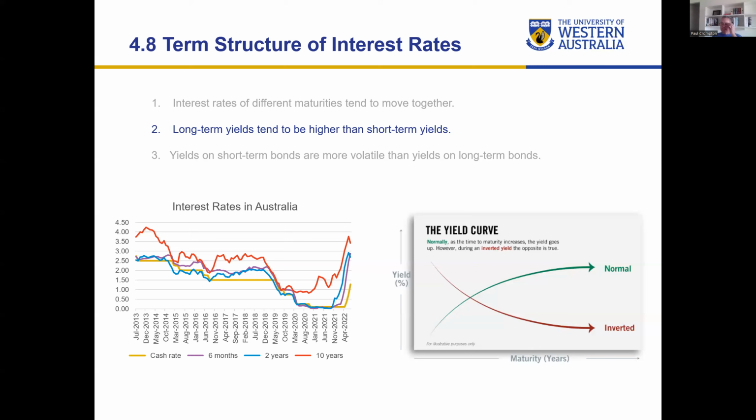So because there is a greater risk in the form of me going out of business that you face in lending me money for 10 years relative to only 1 year, you and market participants in these sorts of money markets will ask for a higher annual interest rate the longer the term of the loan.